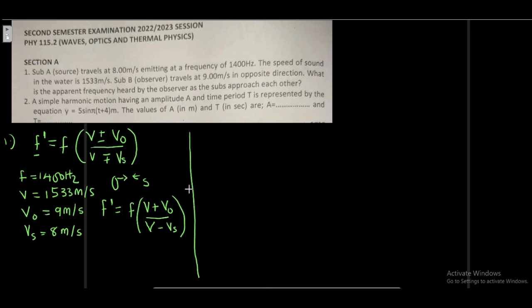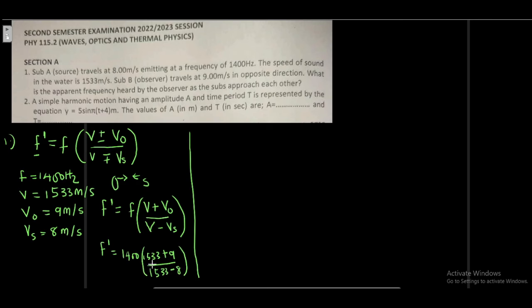All right. So now we simplify it further. If we substitute our values, the apparent frequency equals the actual frequency, 1400, in brackets, the speed of sound 1533 plus the speed of the observer 9, all over the speed of sound 1533 minus the speed of the source 8.